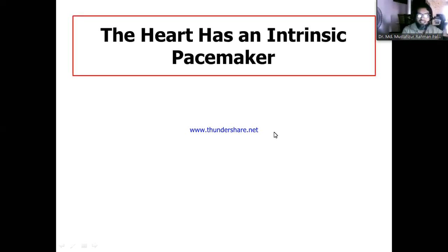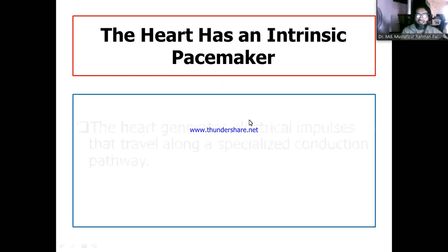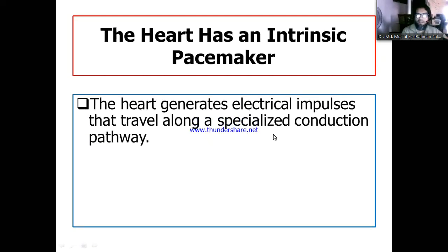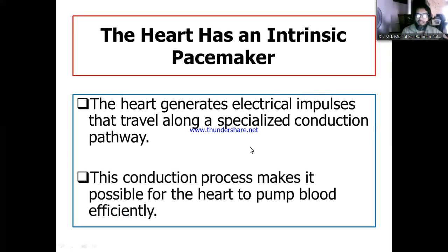Before going to the basics, let us introduce the cardiac conduction system, because there are some newcomers and some old students, so I should start from the basics. The heart has an intrinsic pacemaker of its own, that is the SA node. All of you know that. It generates electrical impulses that travel along a specialized conduction pathway, and this conduction process makes it possible for the heart to pump blood efficiently.